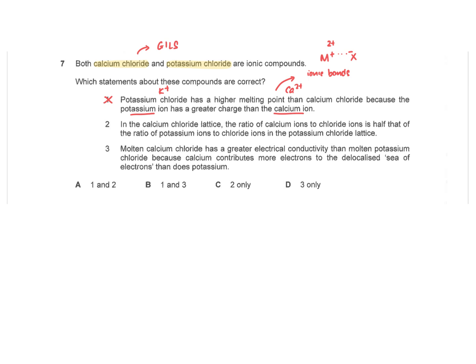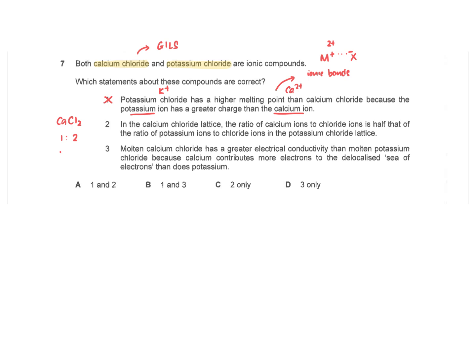Next, statement 2, in the calcium chloride lattice, the ratio of calcium ions to chloride ions is half of that of potassium to chloride ions in potassium chloride lattice. To know the ratio of cation to anion, we just need to look at the formula of the compound. Calcium chloride is CaCl2, so each calcium ion is paired with 2 chloride ions.